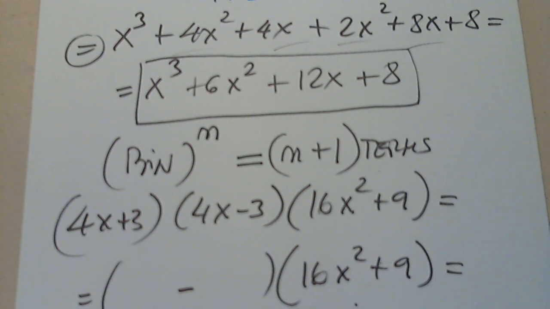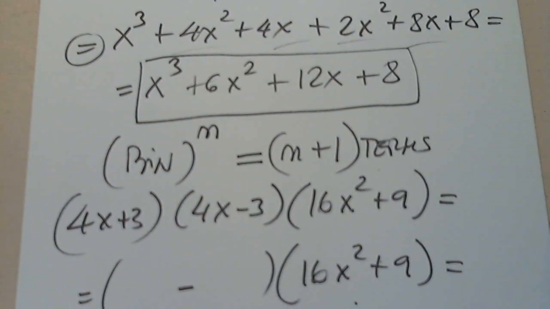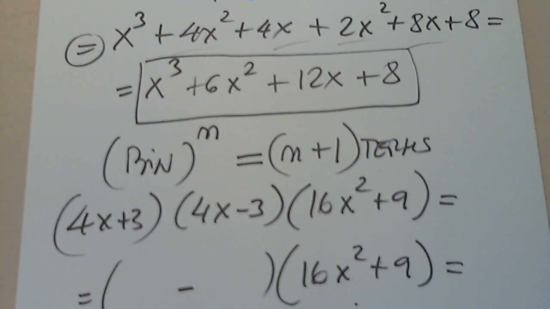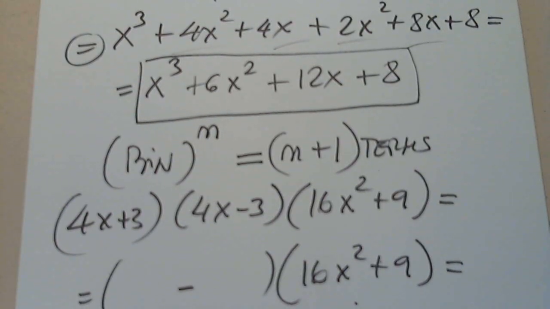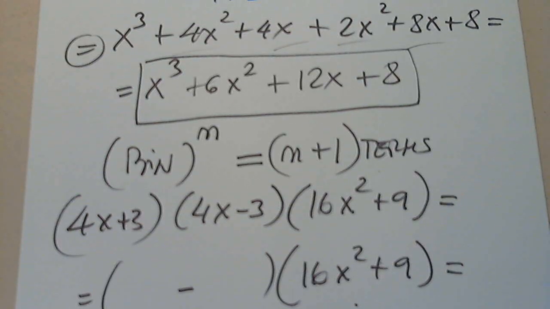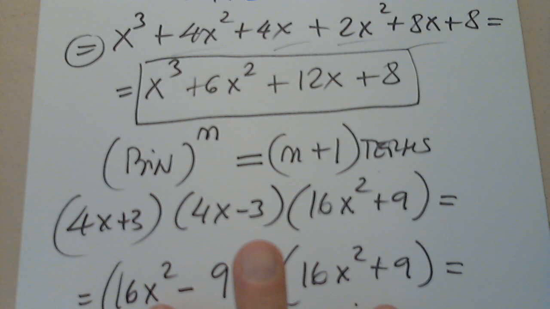Because this is not a binomial squared. It's the product of two binomials that are identical, but the sign in the middle is different. One is positive and one is negative. 4x squared plus 9. So it has to be the difference of squares, not plus. Minus 9. Yes. But let's square again 4x. Careful. 16x squared. Now, look here.